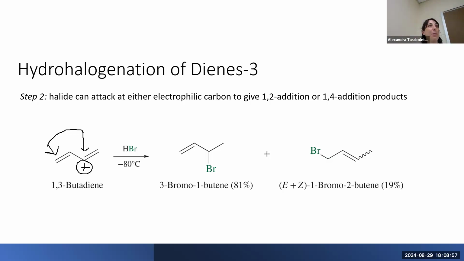When the second step goes to happen and we go to add our bromine, the bromine can either add in this version, or I'll draw out the other version. The other version would be positive charge here, double bond here. Here is the shifted version of that.